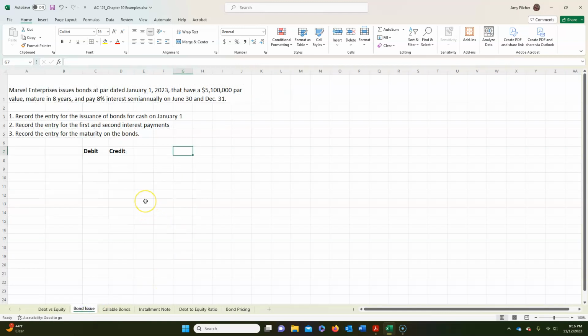In this next example, we're going to look at bonds. If you read the chapter and then watch the lecture videos and see these examples compared to the chapter, you will notice that there's a lot in Chapter 10 that we decide to skip. That is a decision we made a couple of years ago to skip premium and discount bonds in Principles of Accounting 1 and to just focus on bonds in general.